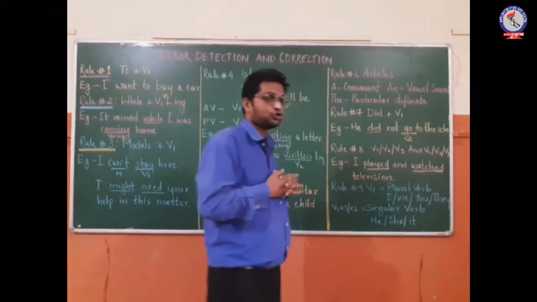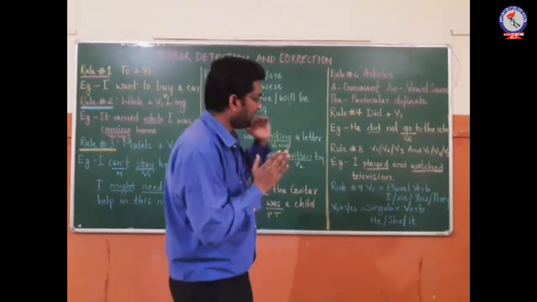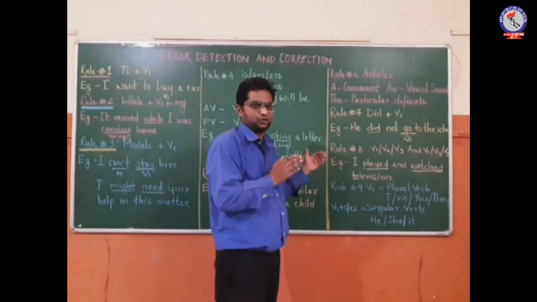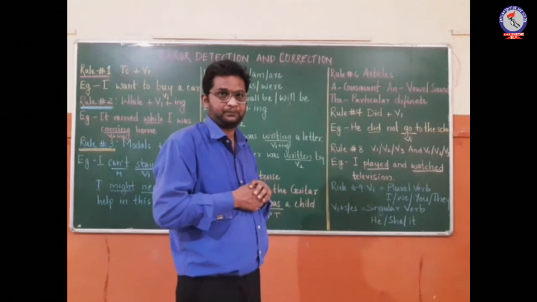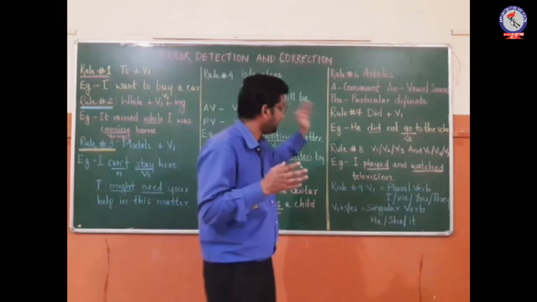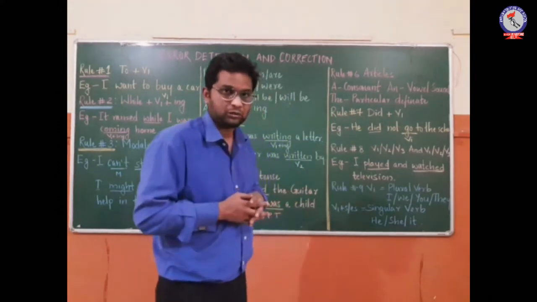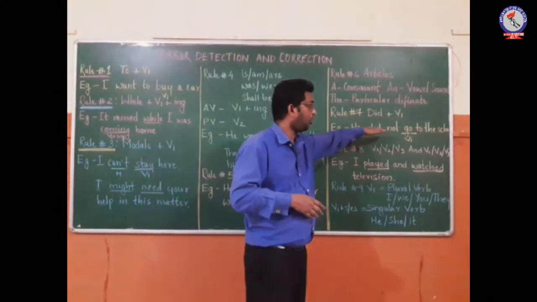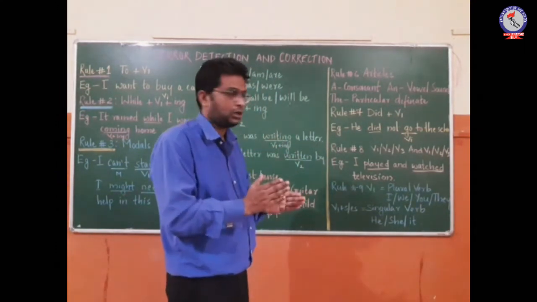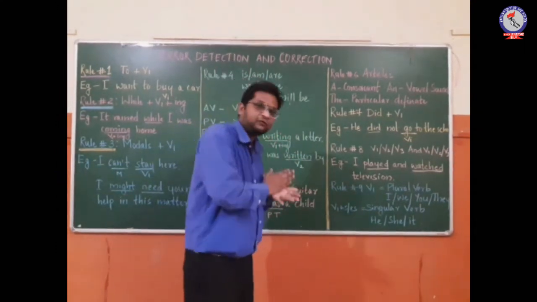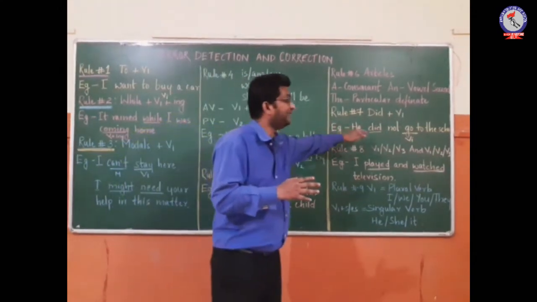Did plus verb. Whenever we see that did is used in a sentence, we will use the first form of verb. Now this is a rule. See an example. He did not go to the school. See here, did not go. So we will not use the second form of verb or third form of verb with did.